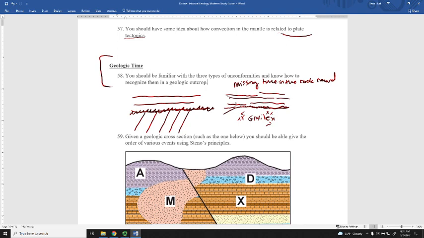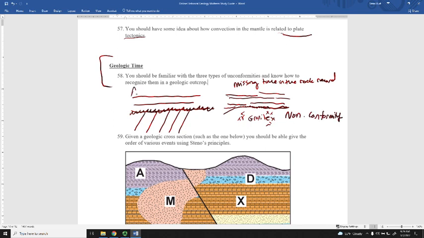So you know that there must have been an interruption to deposition if you see the granite like that. Or it could be a metamorphic rock too. It just has to be either a metamorphic rock or a plutonic rock, usually. So that's called a nonconformity.